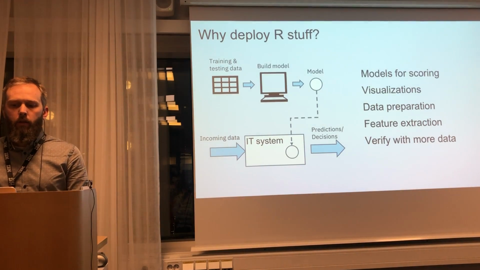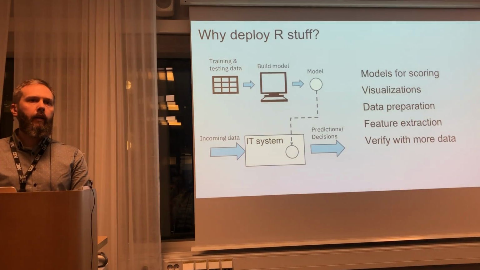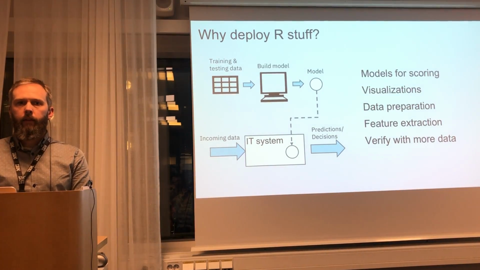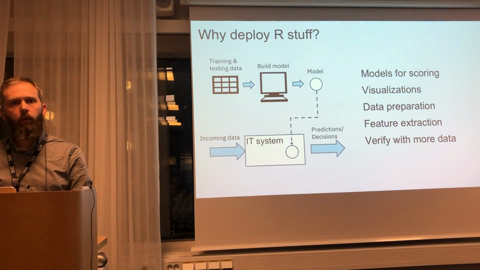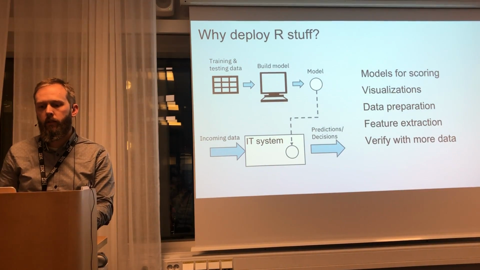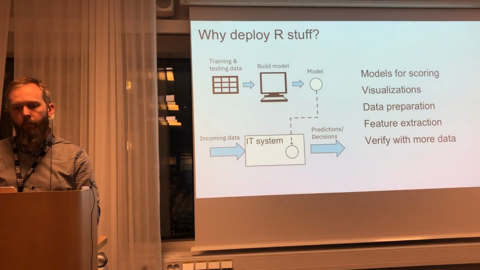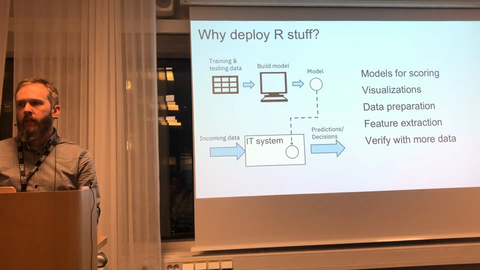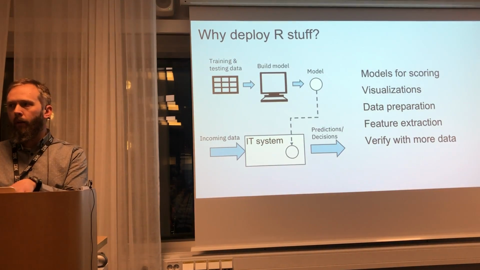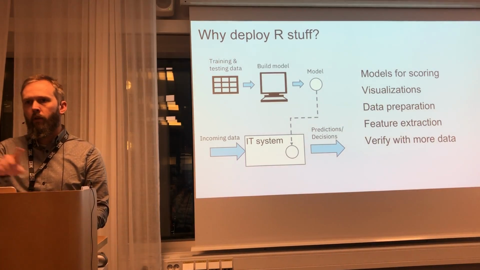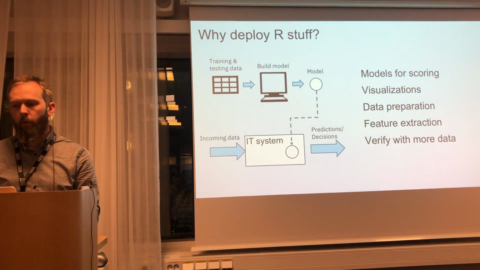In some cases, we need to deploy it because we need to validate the model with more data than we have on our local machines. It could be that we require larger volumes of data or data that we can't have on our machines, etc. So that's another reason. There are many reasons why we are not satisfied when we have built a model that runs well on my machine and looks good on a PowerPoint slide. So we need to move further.